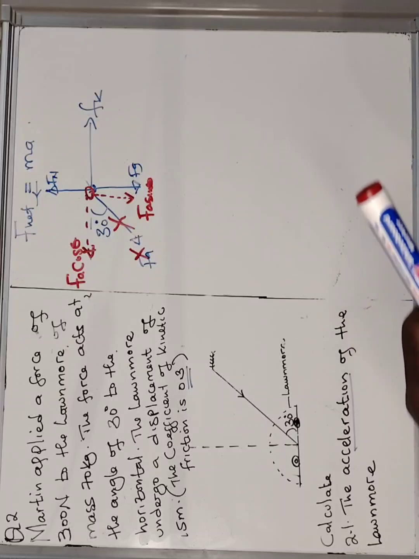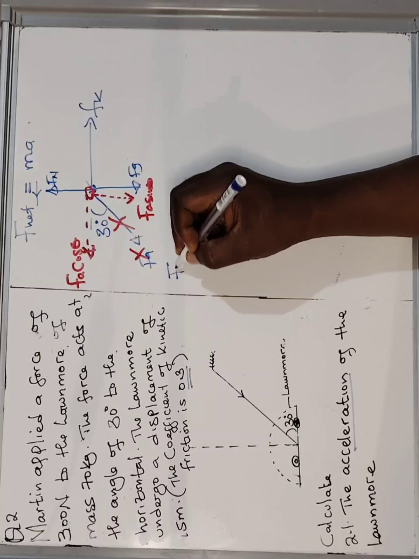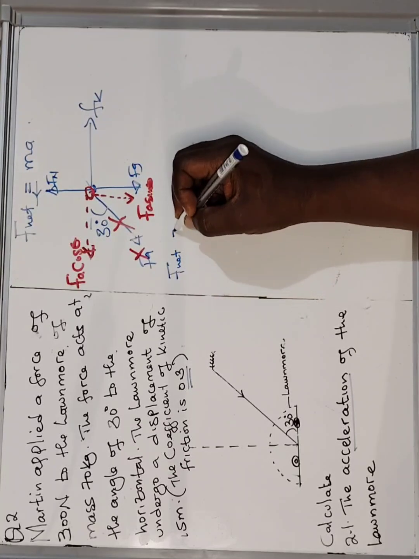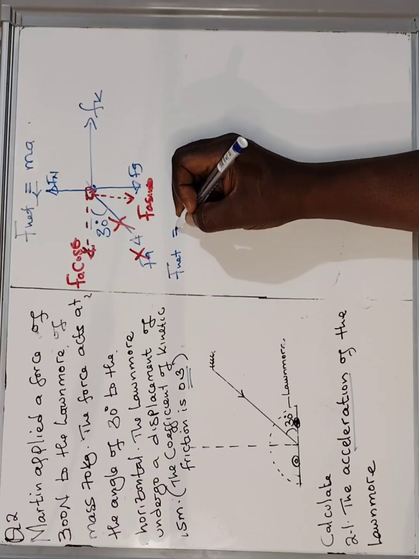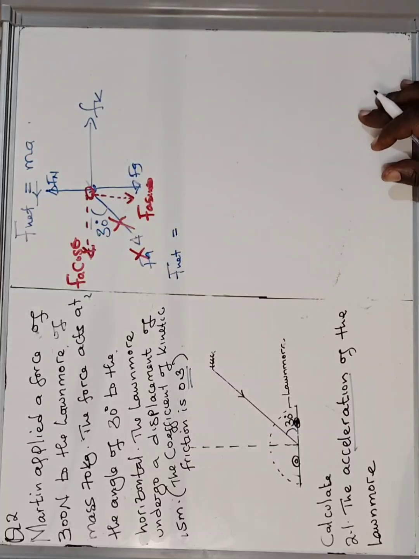So what do we do? Remember, our intention here is to look for net force. So you say net force is equal to the sum of these forces, but these are in equilibrium.